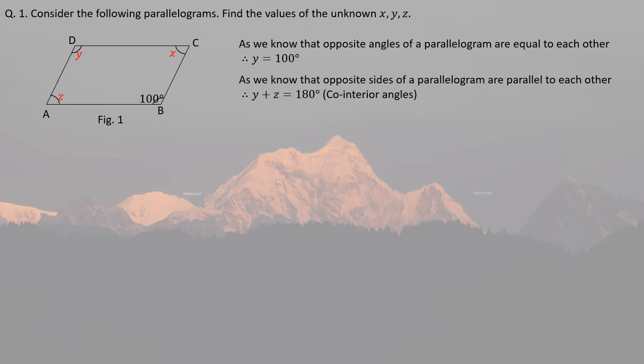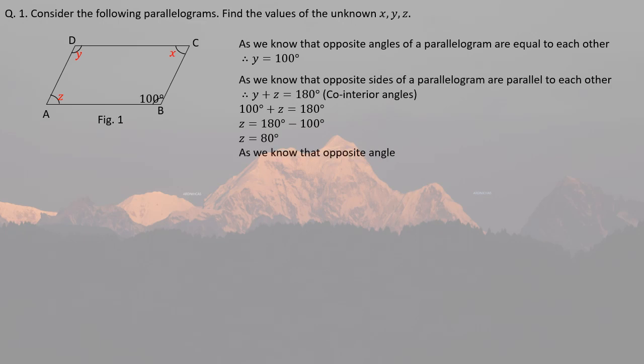So we replace the value of y in this equation and we get the new equation as 100 degrees plus z equals 180 degrees. Now we need to take 100 degrees to the right hand side, leaving z on the left hand side. So our new equation becomes z equals 180 minus 100 degrees, which equals 80 degrees, meaning the value for z is 80 degrees.